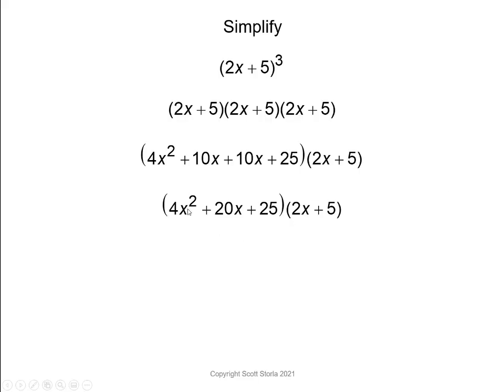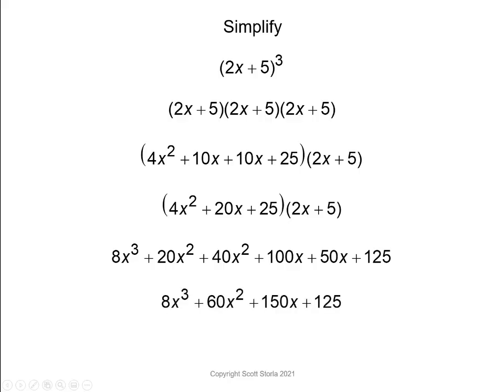Then I multiply each term in the first factor to every term in the second factor, and I get 8x cubed plus 20x squared plus 40x squared plus 100x plus 50x plus 125, and that simplifies to 8x cubed plus 60x squared plus 150x plus 125.